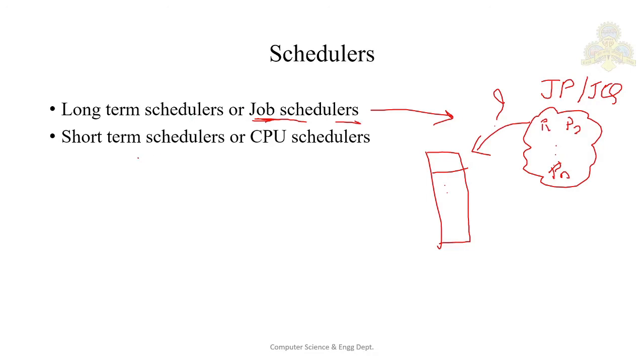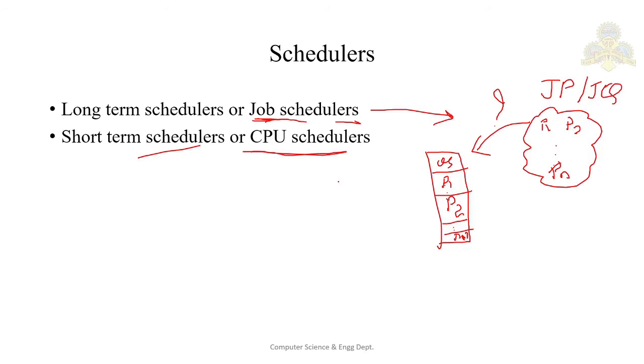Next we have the short-term scheduler or CPU scheduler. Say the long-term scheduler has placed processes P1, P2, up to P10 in the main memory. Now what has to be done for a process to be executed? The CPU has to be allocated to it. That is the work of your short-term scheduler or CPU scheduler.